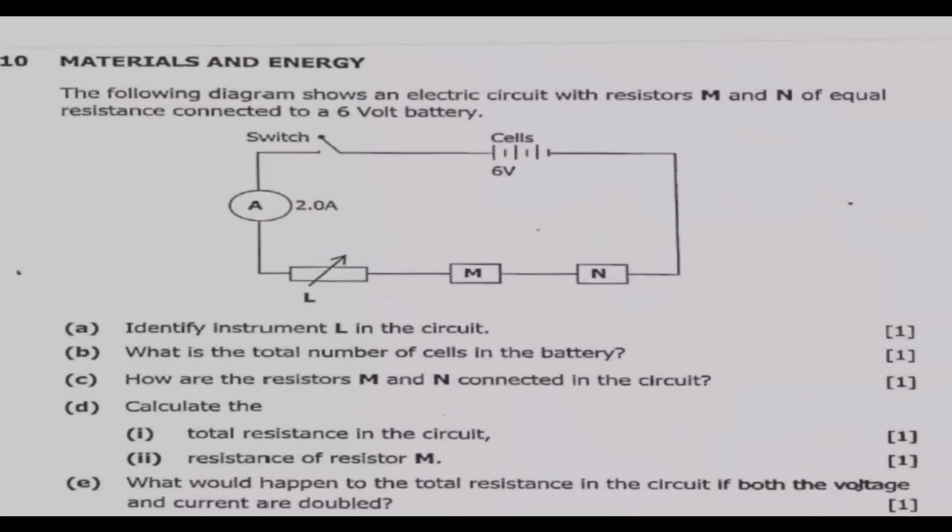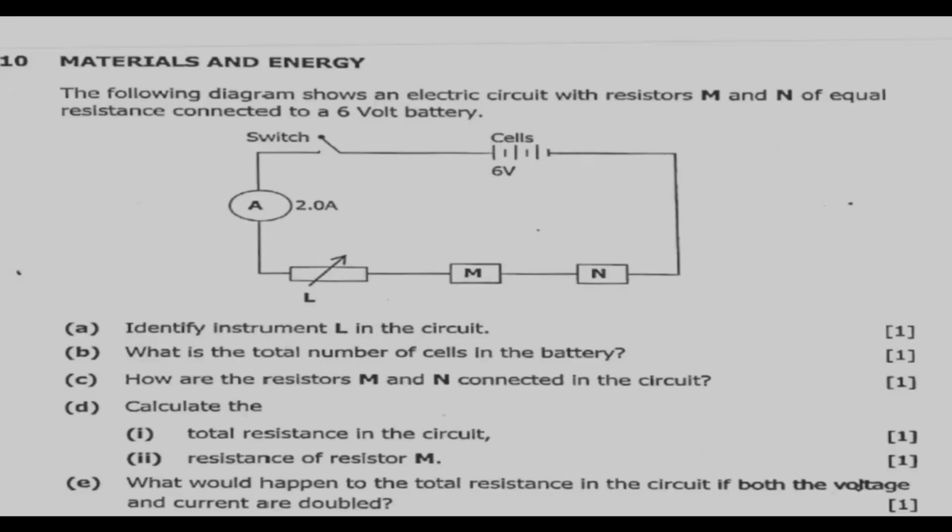Question 10 was coming from the topic of materials and energy. The following diagram shows an electric circuit with resistors M and N of equal resistance connected to a 6-volt battery. Take time and study the diagram.